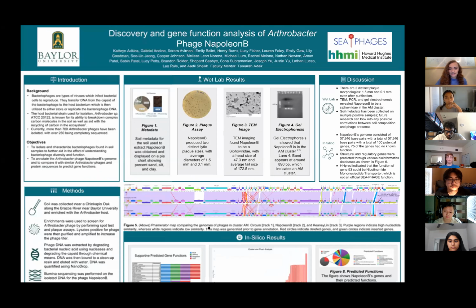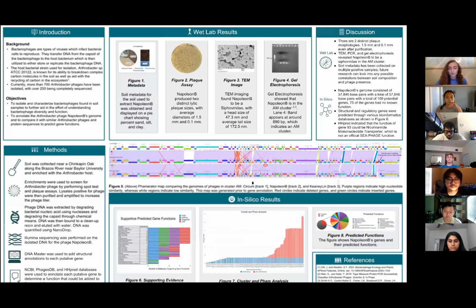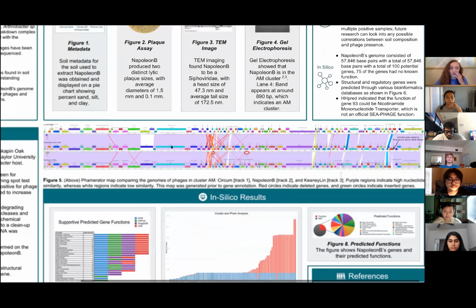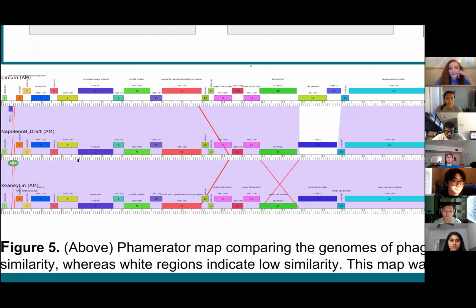Let's look at some of our in silico results, or computer-analyzed bioinformatics stuff. This rainbow thing is a Phamerator map, and basically this long line in the middle is Napoleon B's genome, and we are comparing it to two other phages in the same cluster.